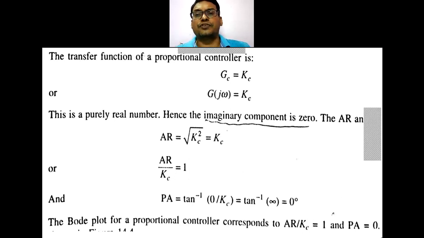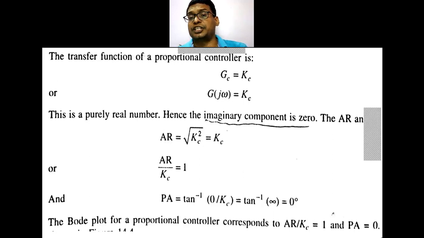The transfer function of a proportional controller, that is the proportional controller, we will see. So GC is equal to KC, is our transfer function. Now writing this in terms of the complex number, G of j omega is again equal to KC. Here it is purely a real number, that is KC, no imaginary part.